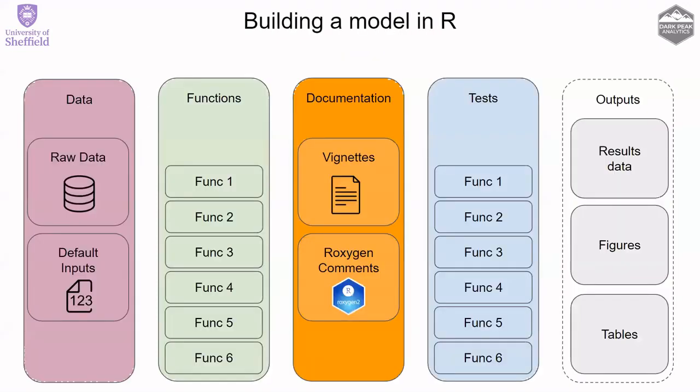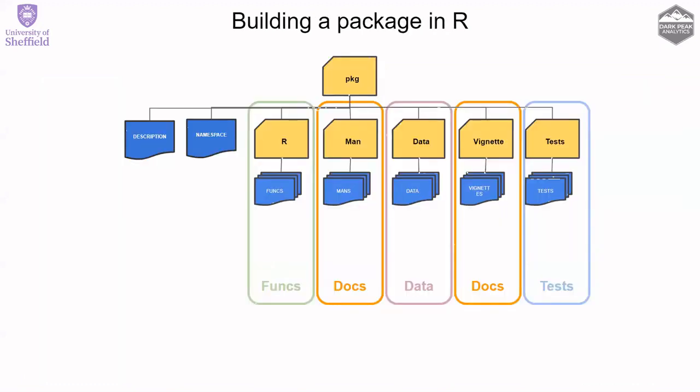And by the time you've done this, you essentially have a package already. You're so close to a package at this stage that you may as well just structure it like this. Well, this would be my argument anyway. And so in a package structure, you have your package top level folder. You have a description of the package.